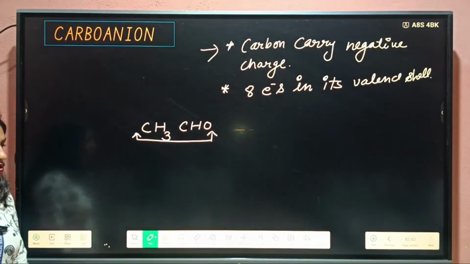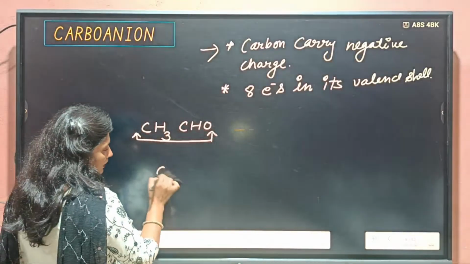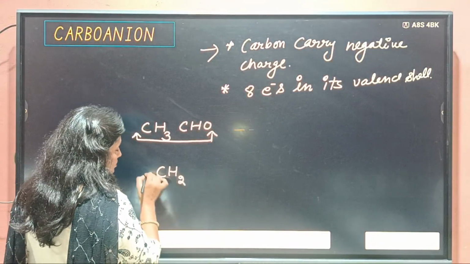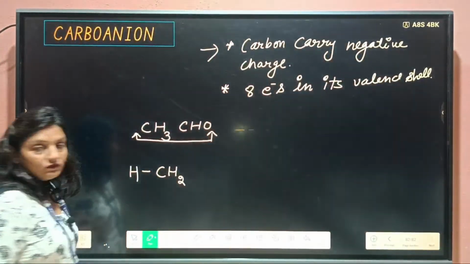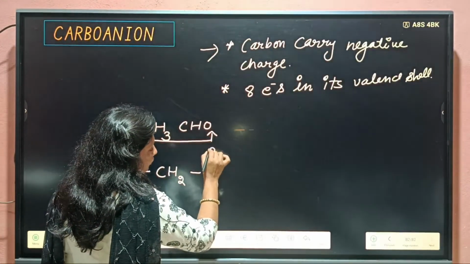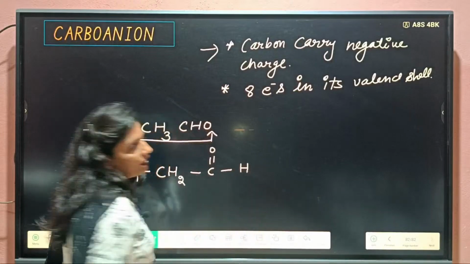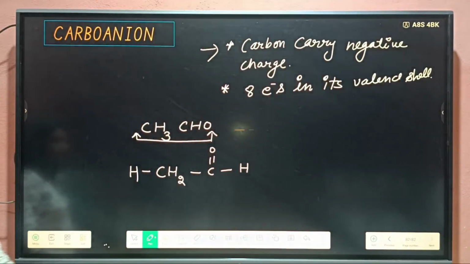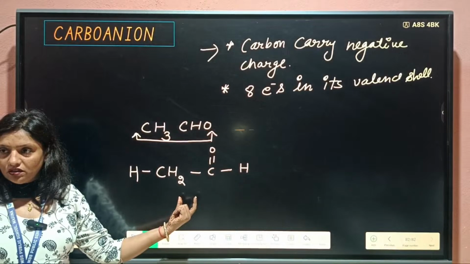In this, I can write CH2=CHO, carbon forming a double bond with this and a single bond with hydrogen. In this way I can write, or not?